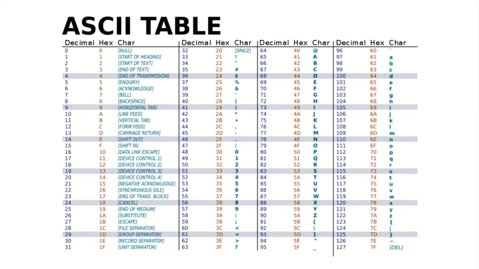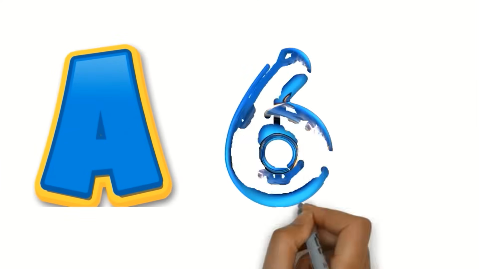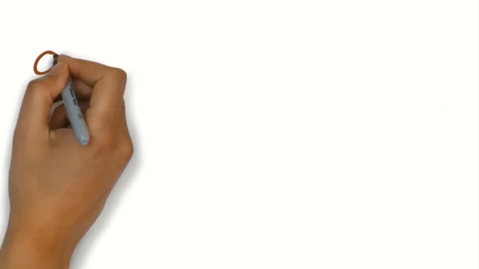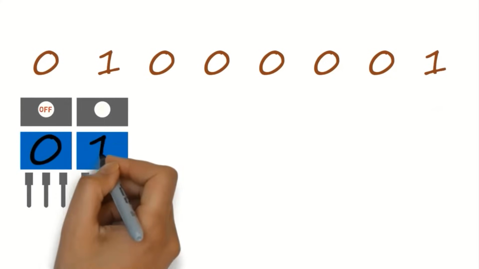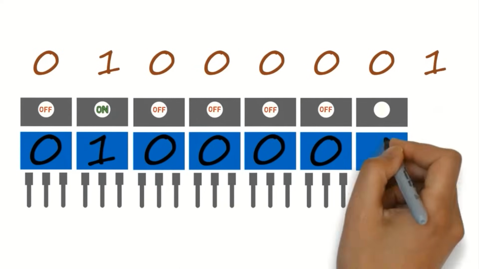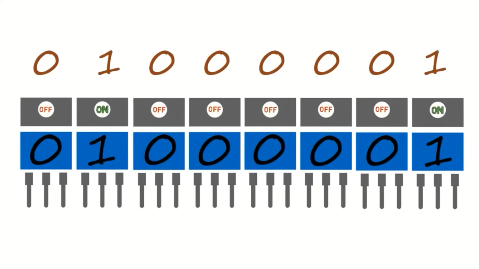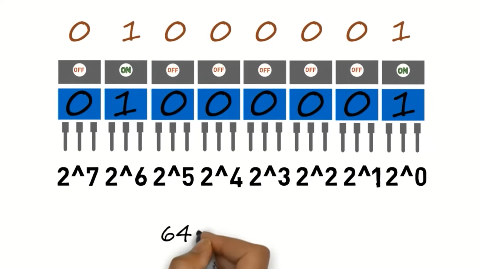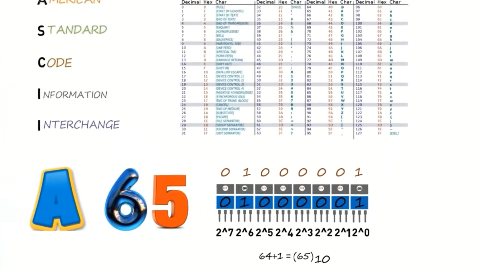For example, the corresponding ASCII value of uppercase A is 65. 65 in base 10 is equal to 1000001 in binary. So whenever you type an uppercase A in a word program, coding or scripting program, somewhere there will be 8 tiny transistors arranged in the pattern off, on, off, off, off, off, off, on in binary, which is interpreted as 64 plus 1, 65 in base 10.